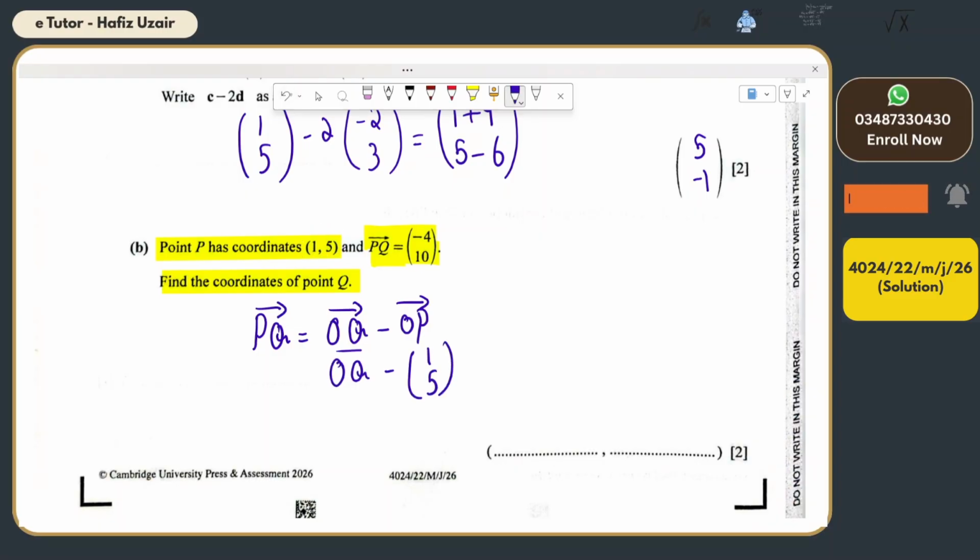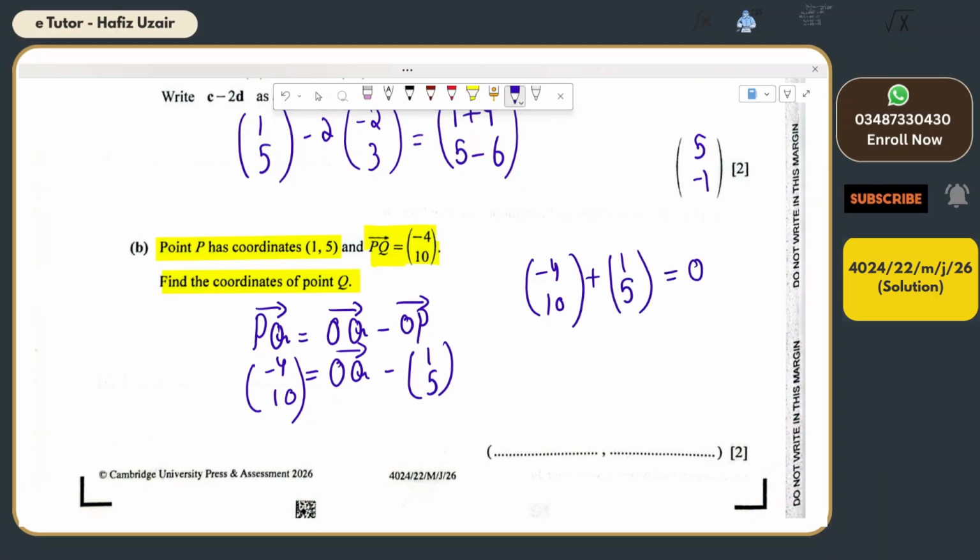OQ we will write as it is, and PQ is (-4, 10). Now let's shift this term over to the right side. So (-4, 10) plus (1, 5) we have over here, and here is OQ. So this will be (-3, 15). So the coordinates will be (-3, 15).